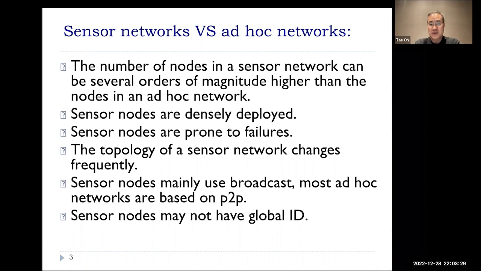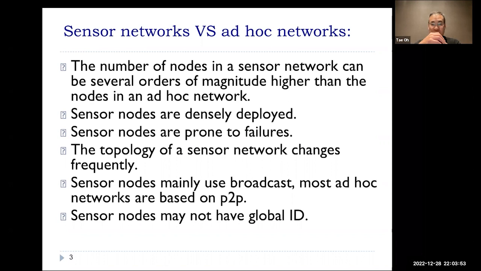Also remember that sensor nodes are mostly operated by batteries. They can be powered electrically, but in many cases a battery is used for each node for power and for delivering the message from one point to another.